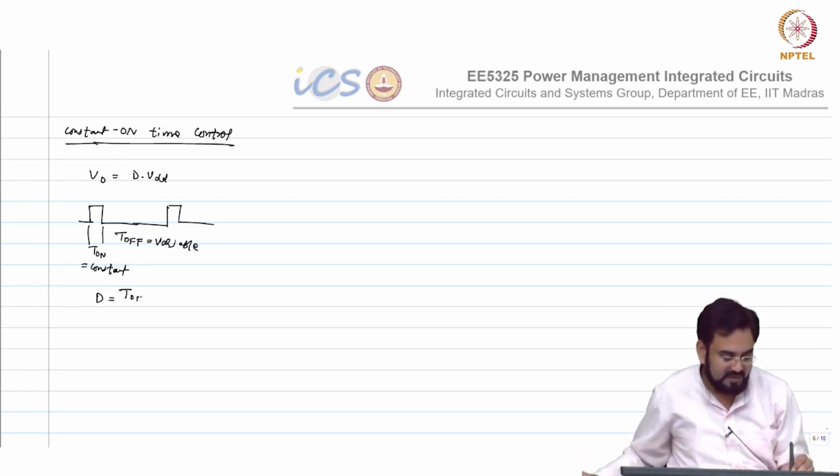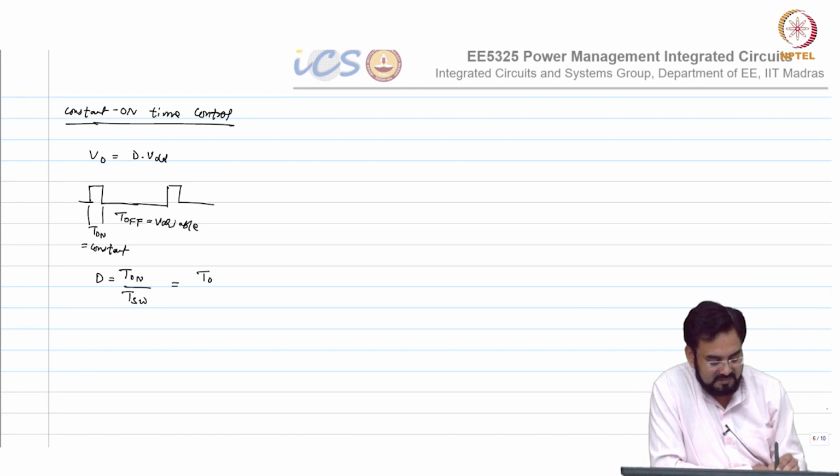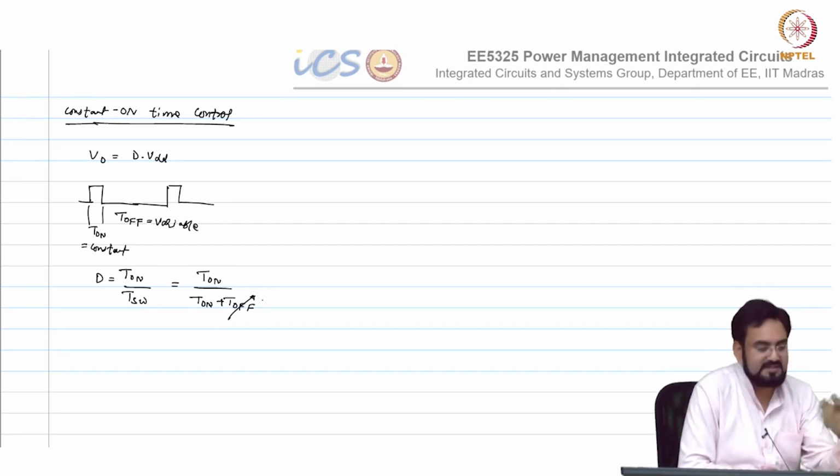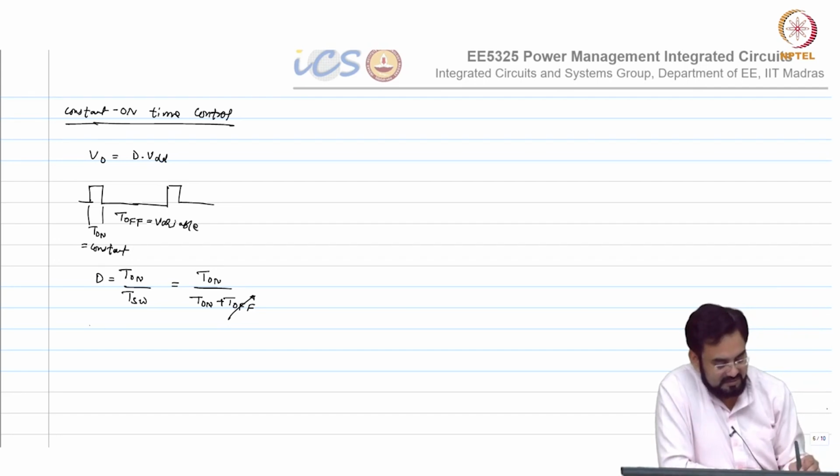D is what? T on over TSW. So T on over T on plus T off. So I am changing only this. I can still control the duty cycle, but the impact is what? TSW changes.